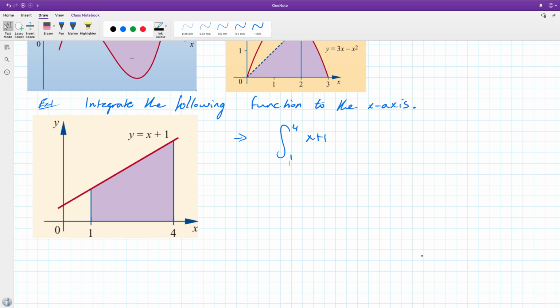You're doing the integration of x plus 1 between 4 and 1. Don't forget your rules of integration are on page 26.